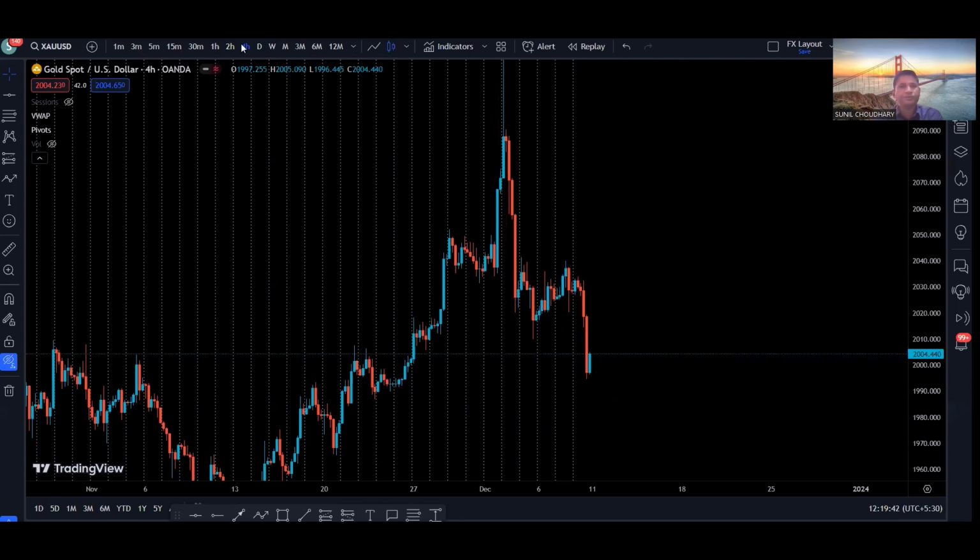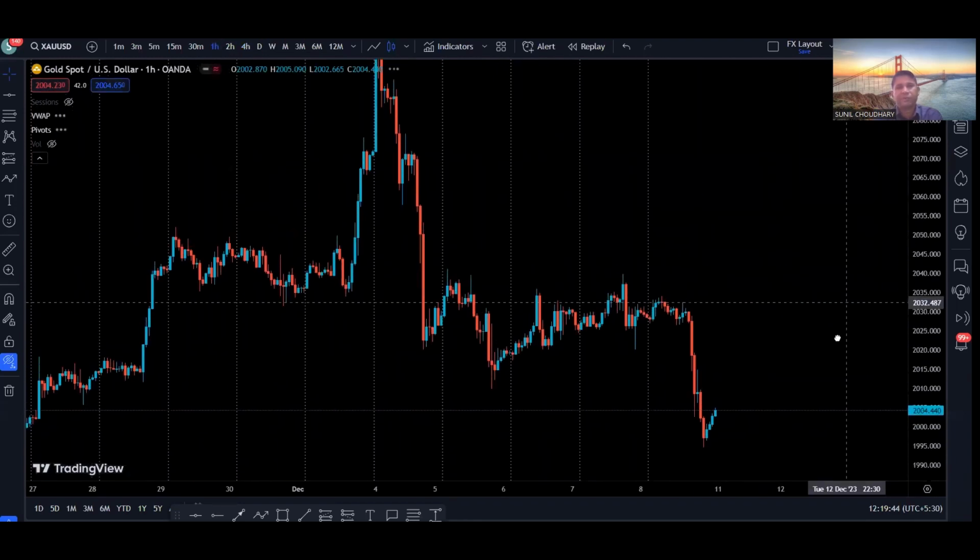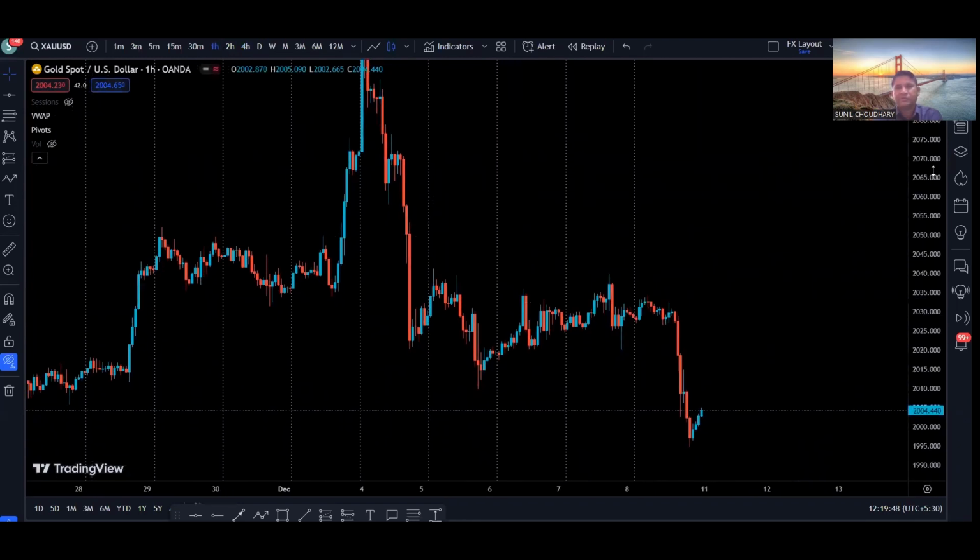Now let's go to the 1-hour time frame to see what is happening. The 1-hour time frame is bearish as well, as we are making lower lows and lower highs. So we created a low, lower high, lower low, and all these wicks, I'm going to consider them as one high or one zone, because this is the highest point of this and this retest. So anyways, lower high, and then we broke the previous low, created a new lower low.